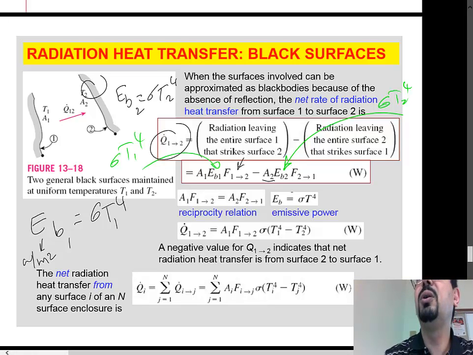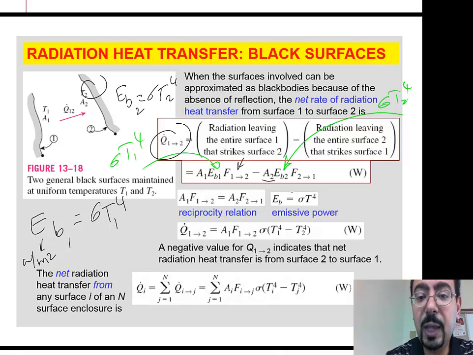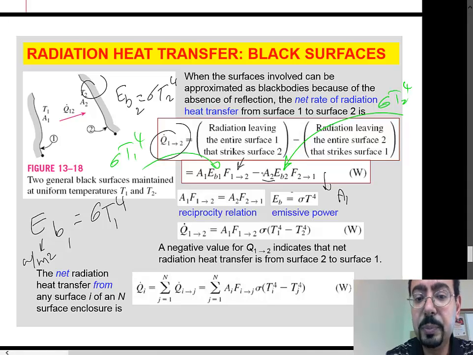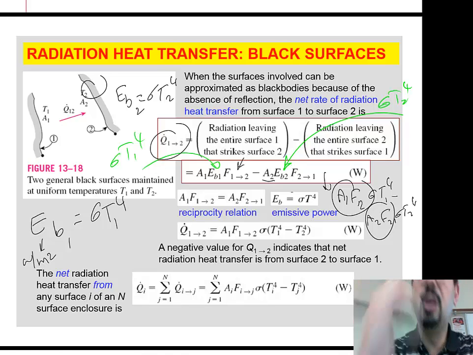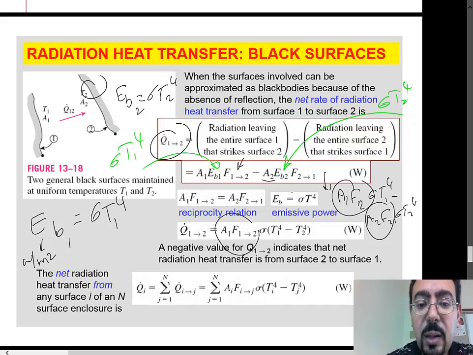All right? So we can actually say that it's going to be area 1 F12 sigma T1 to the power 4 minus area 2 F21 sigma T2 to the power 4. But A1 F12 is the same as A2 F21. Remember the reciprocity rule? So we pull it together, and we even pull sigma together, and what do we finish with at the end?